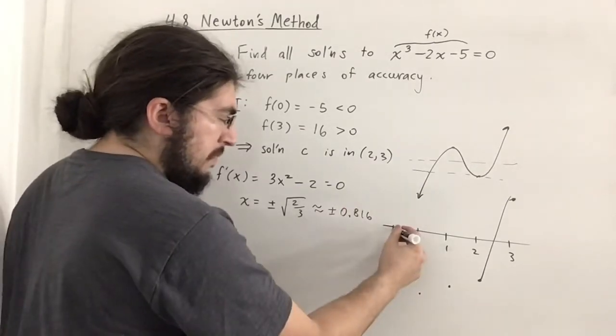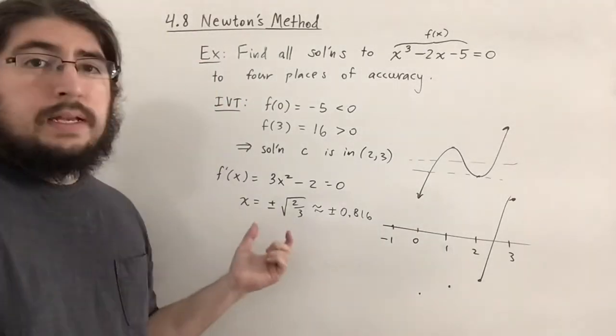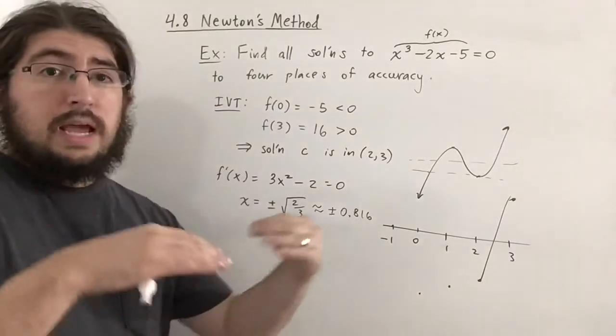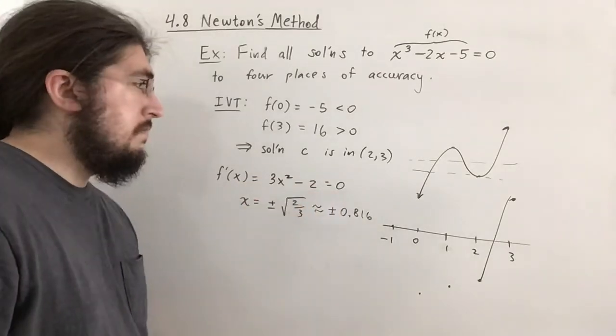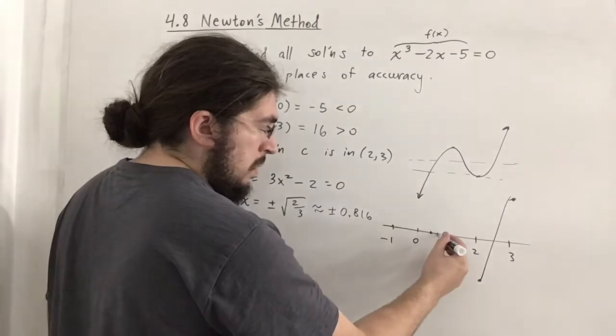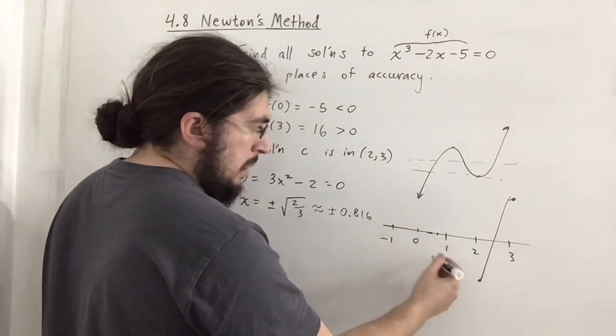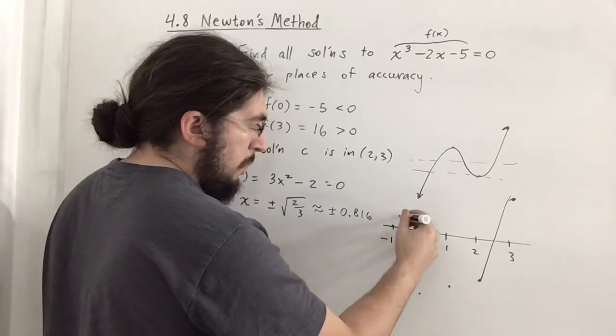So just to have a visualization of what's going on, there are maxes and mins when the derivative is 0, so we have a legitimate horizontal tangent line about here, at about 0.816, and somewhere over here. So let me point at them.